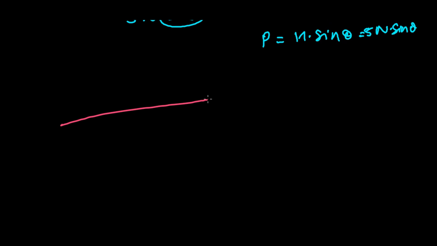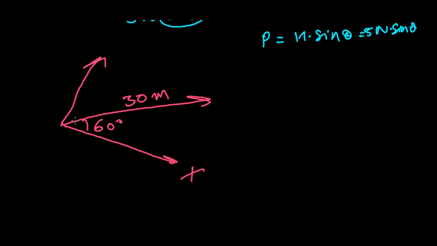Let's say for a while this is 30 meter, and now I want to resolve this along this, which is 60 degree. This will be my, let's say, x component, or you can say horizontal component, and this will be my vertical component. Again, this has 90 degree. If this is 30 meter, then what will be the horizontal component?